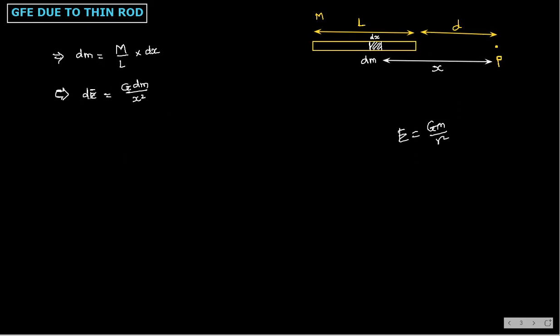But here dE is the small gravitational field intensity due to this small mass dm, and this distance is x. That's why G dm by x square. Clear? Now this dE is equal to G into dm, and substituting the value of dm, that is M by L into dx, divided by x square.